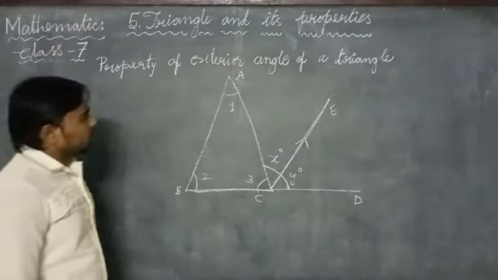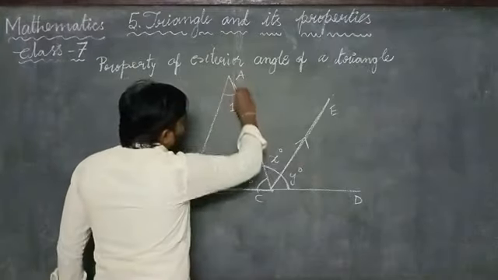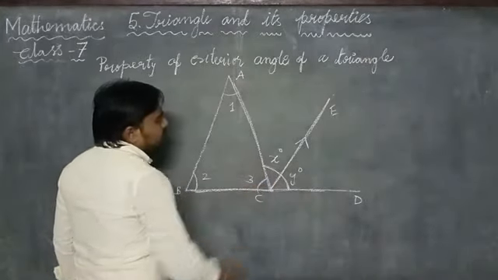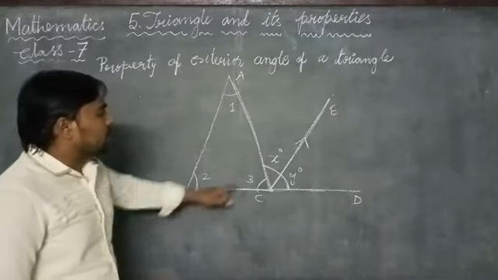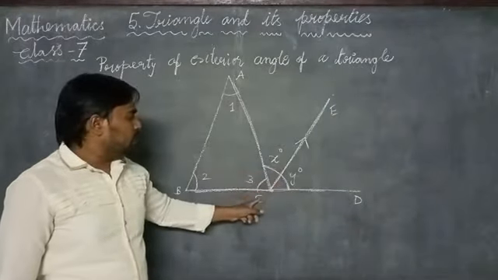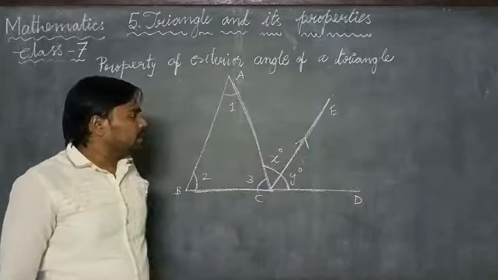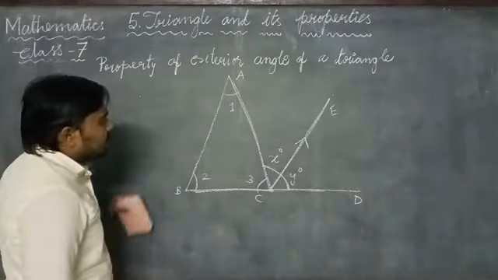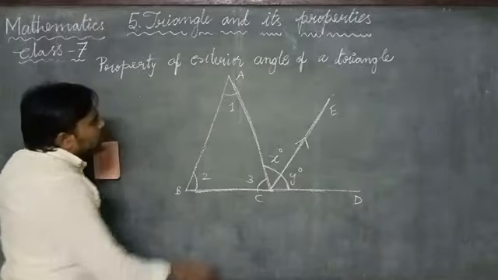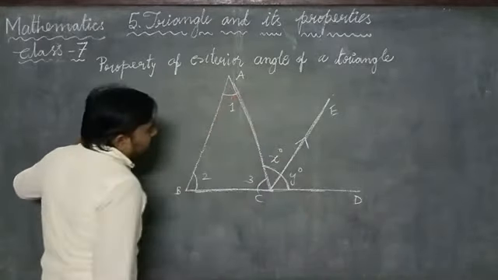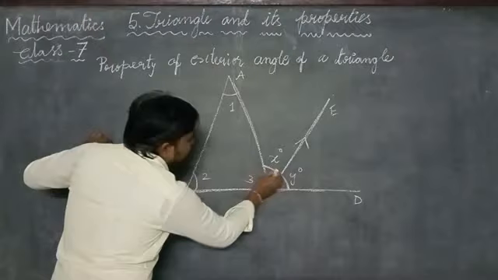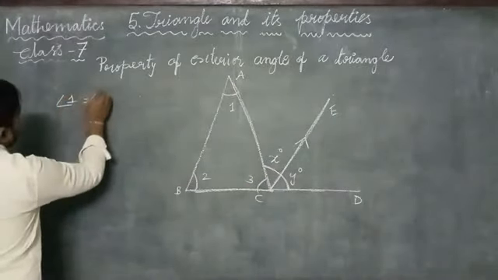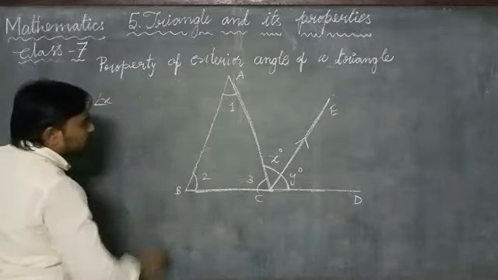Okay, with the help of this, we can see the exterior angle is divided into two parts, x degrees and y degrees, by the line segment CE. Now here angle 1 is equal to angle x. How is it possible?